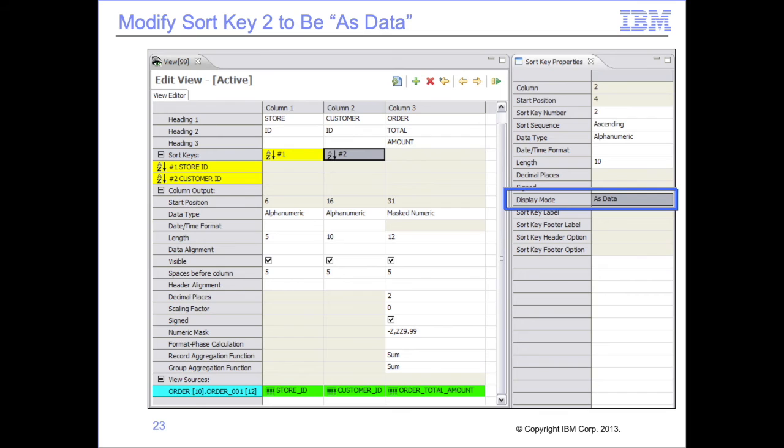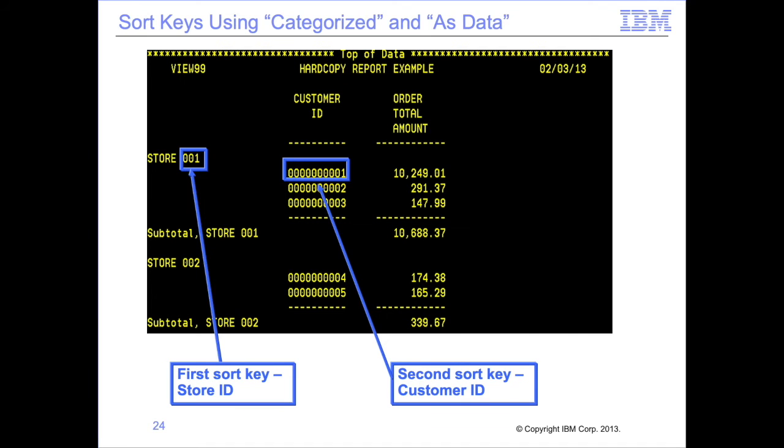It is possible to mix sort keys as categorized and as data, depending upon the report needs. In this example, we have changed the lowest sort key, customer, from categorized to as data. The report now shows the store on the left side of the screen, but the second sort key, customer, is shown as columnar data. Note that the aggregated values are the same as on the previous report.